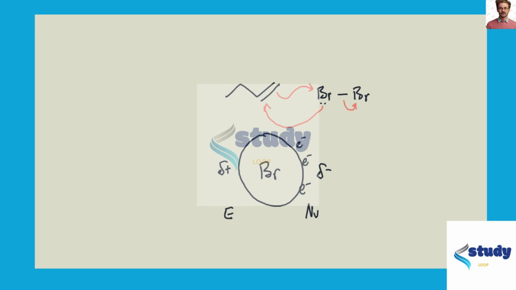Recall that sp2 hybridized carbons are somewhat partially positive, or electrophilic in nature, because sp2 hybridized carbons have greater s character, meaning the electrons are held closer to the nucleus.